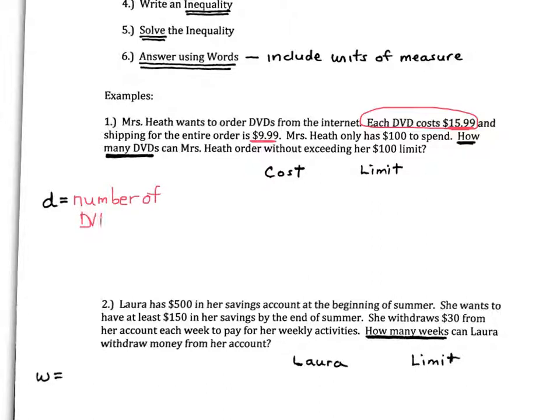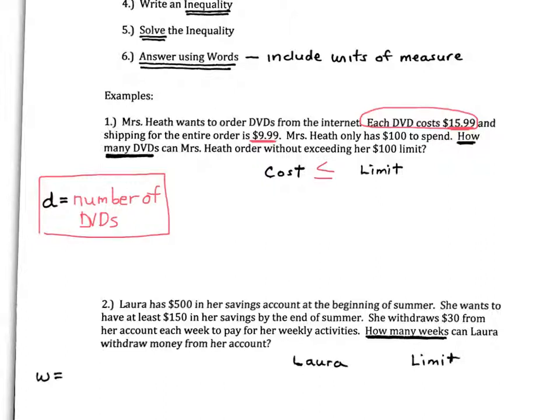I know I have $100, and I'm trying to figure out how many I can buy and pay for shipping. Basically I'm comparing what it's going to cost me to my limit. And I need my cost to stay under my limit or not go any higher than my limit. So I need my cost to be less than or equal to my limit.